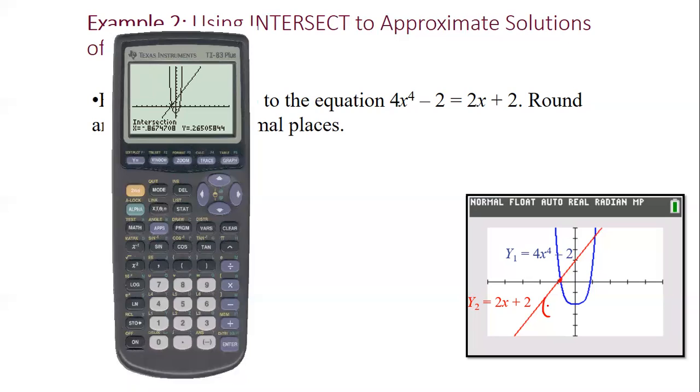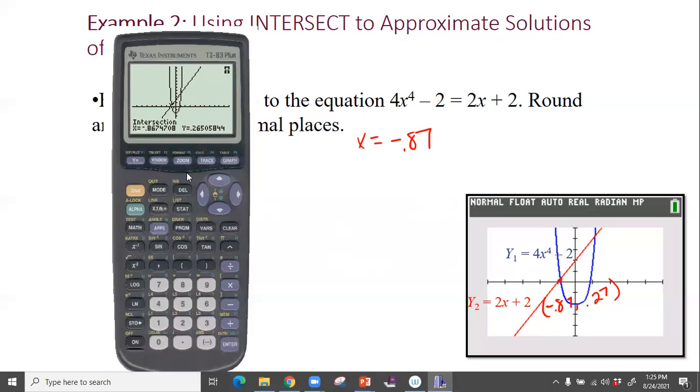It's at negative 0.87 and 0.27. So x equals approximately negative 0.87. That's one, but there's another point of intersection. So I got to find that other point of intersection.